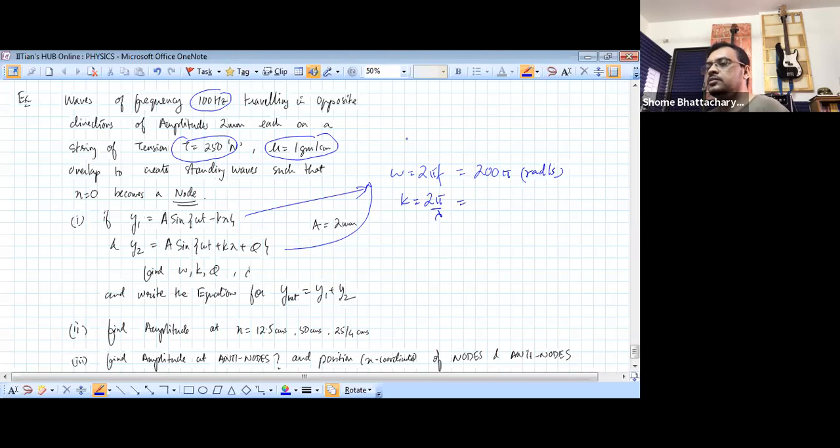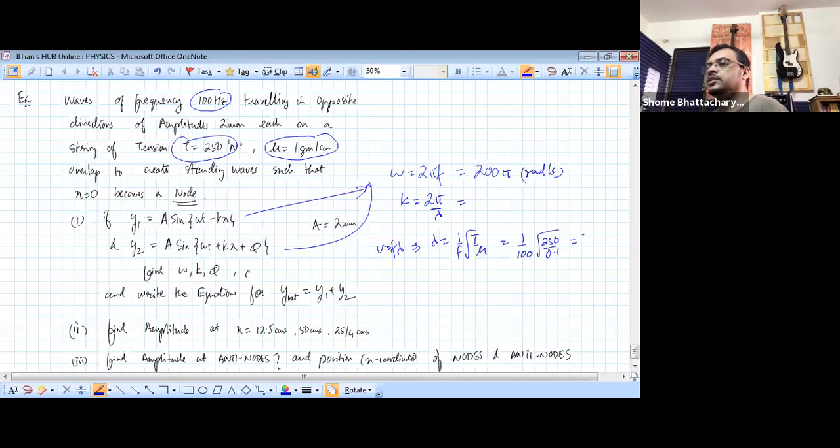Now here lambda will become 1 by f into square root of T by mu, because you use the equation v is equal to f lambda. So it is 1 by 100 into square root of 250 by 0.1.